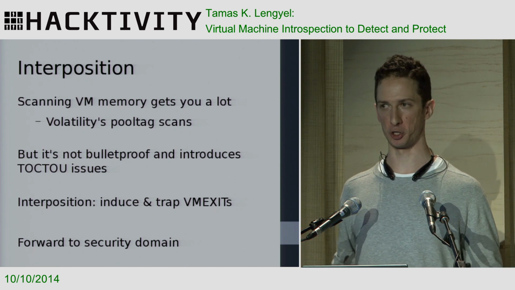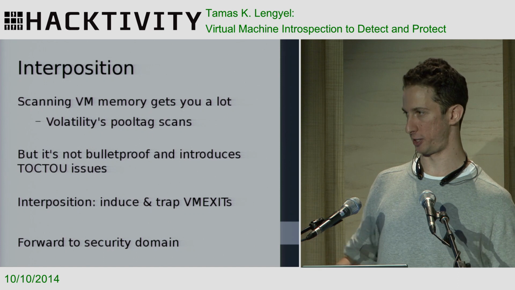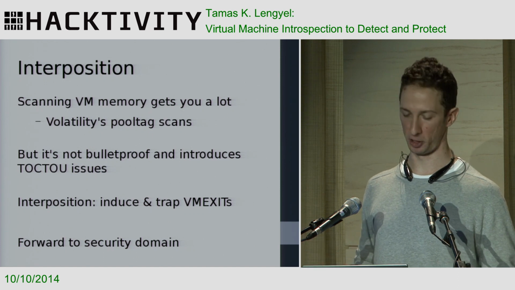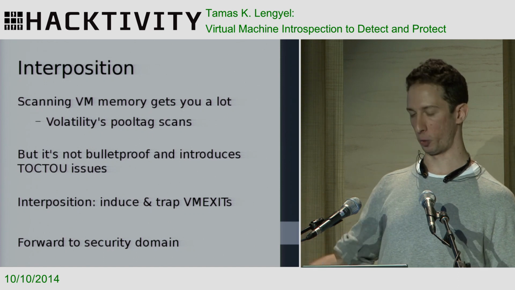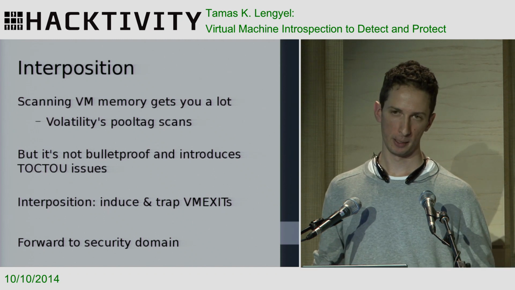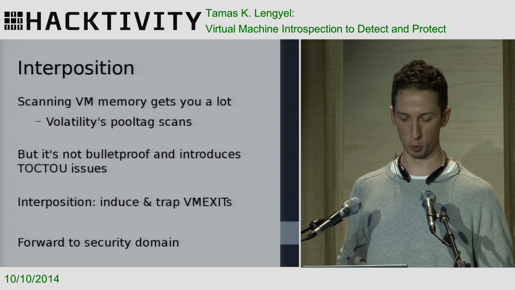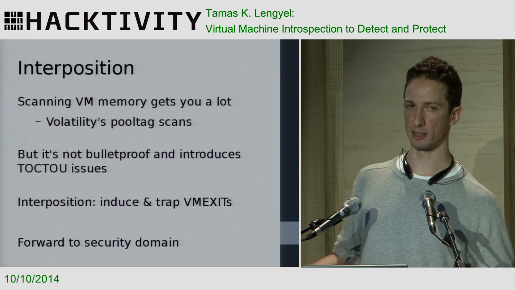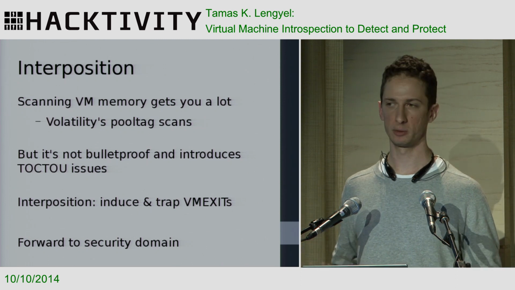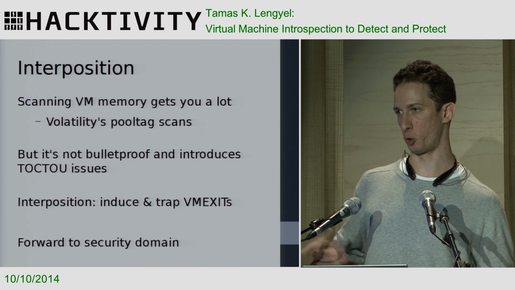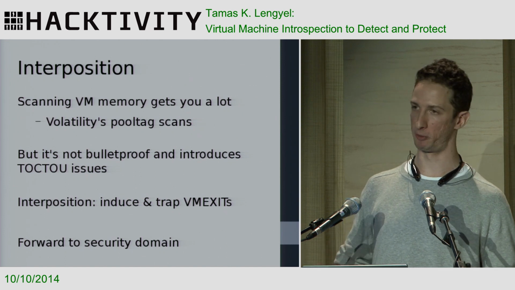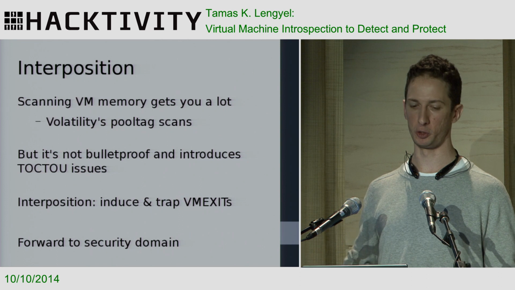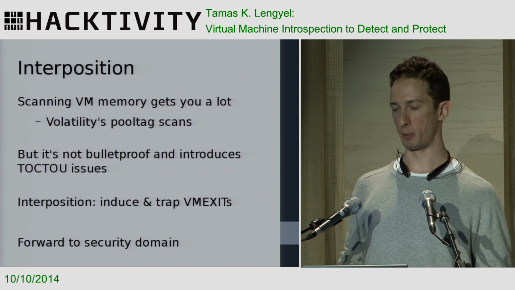So you need interposition, where you step in and pause the execution of that vCPU or the entire domain to have a coherent view into what's happening. What that means is that you need to induce and trap VM exits. A VM exit is a mechanism on the Intel CPU that tells the hardware to transfer control from the domain to the hypervisor. That's really what you want to do when you are implementing a security domain.